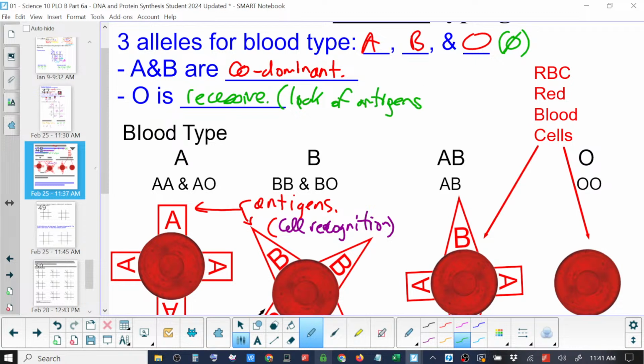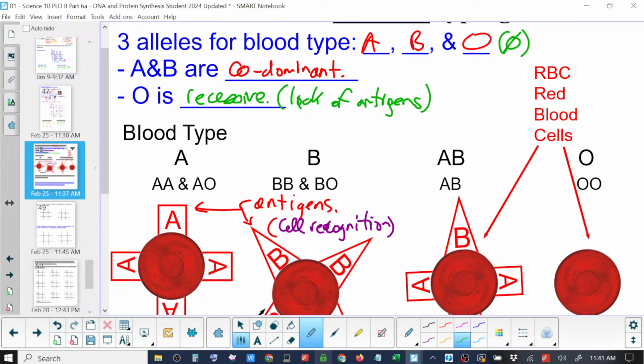So O is actually standing in for 0. That means you don't have something. It's not making something. Does your body not react to O because it doesn't have any antigens? Yeah, so there's no antigens there for your body to react with. So if you have type OO, that means your blood can be given to anybody and they won't react. Was that your question? Yeah.